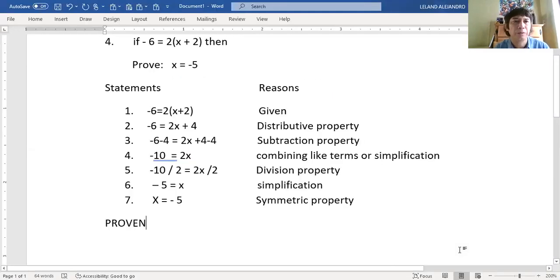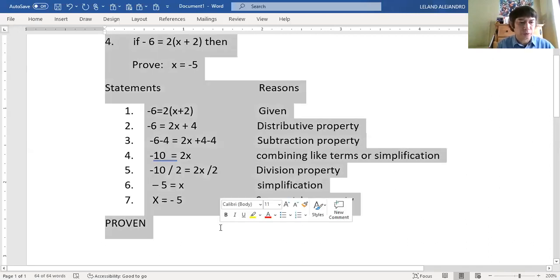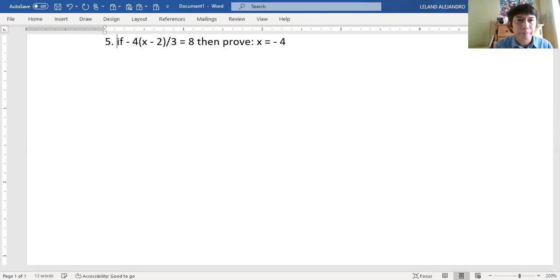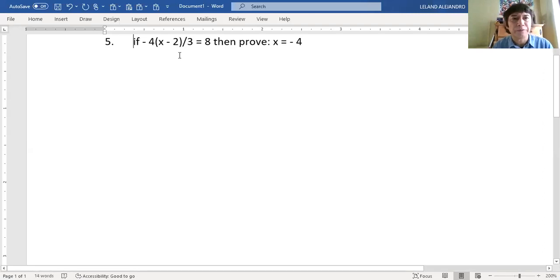Okay, now we shall remove number 4 here. Okay, we still have number 4 over here. Okay, we shall replace it with the number 5. Okay, here's number 5. Yeah. If negative 4 times the quantity x minus 2, close parentheses, divided by 3 equals 8, prove x equals to negative 4.